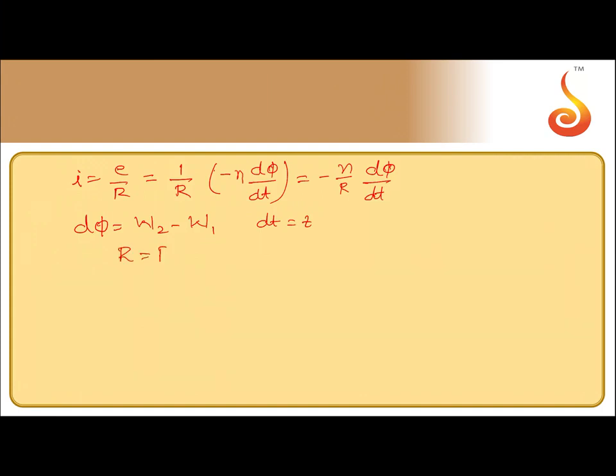Resistance in the circuit is R plus 4R, that is equal to 5R. So, induced current will be minus n by 5R into W2 minus W1 divided by T. That is option D.